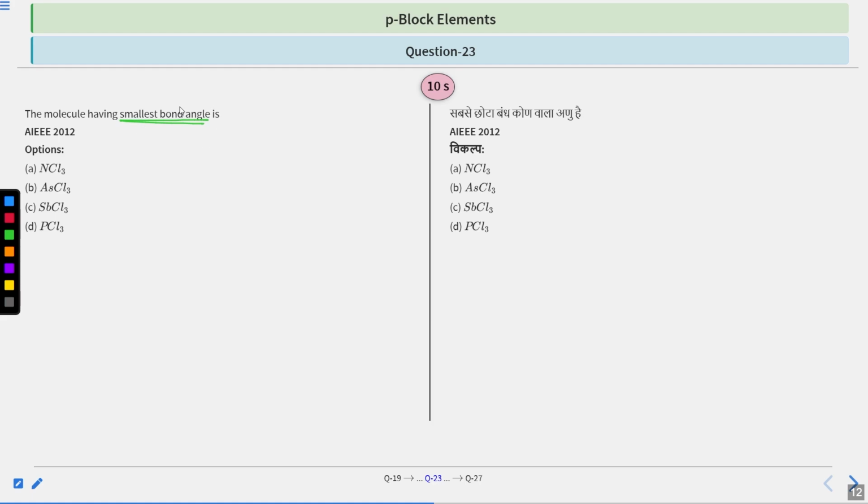We have to know all the alignments of the bonds. Then we can calculate the bond angle. Okay. So options are NCl3, AsCl3, SbCl3, or PCl3. You have 10 seconds to solve this question. After that, we will see the correct answer.